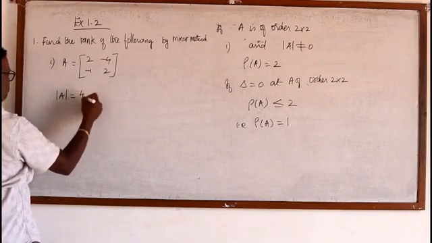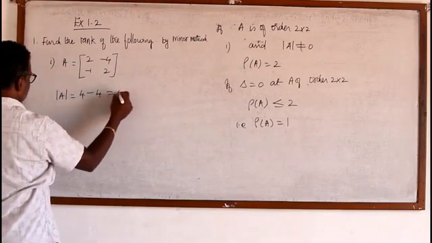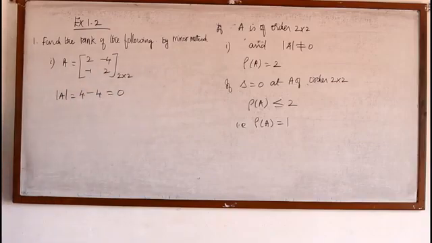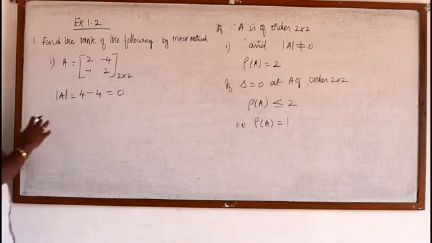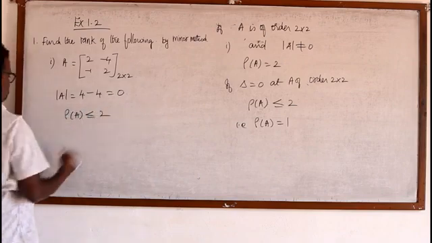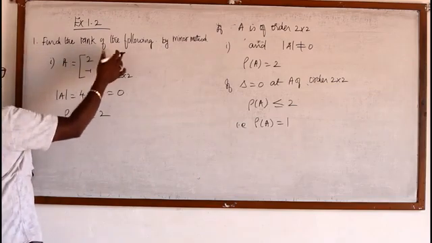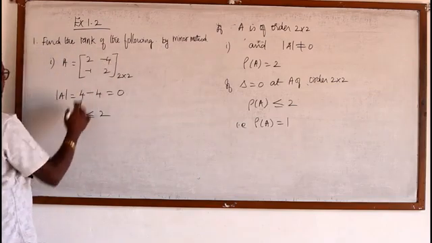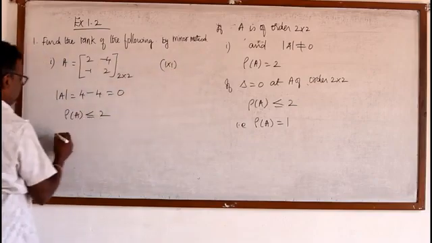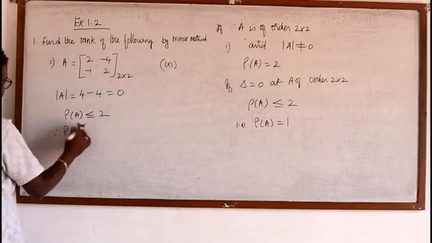Is it not 4 minus 4 equal to 0? That is, the 2 cross 2 determinant is becoming 0. Therefore, rank of A will be less than or equal to 2. When I reduce, or take the cofactor, the cofactor will become a 1 cross 1 matrix, isn't it? Therefore, its determinant will be non-zero.